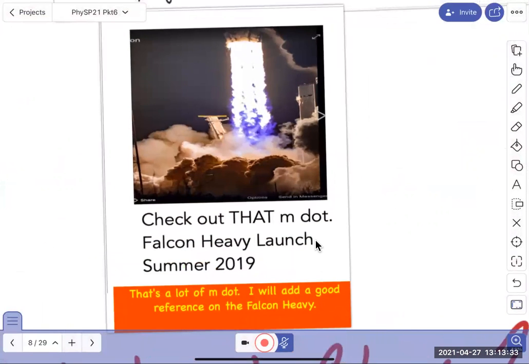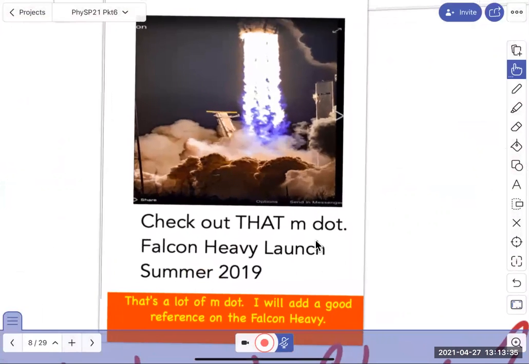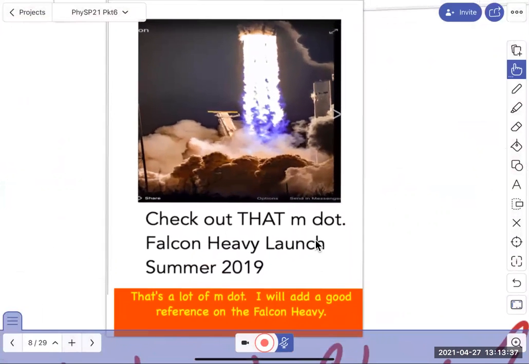I ran across this picture, and we do talk about force of thrust. In force of thrust, you have m dot VE, right? M dot is how much mass is coming out the back per second, so kilograms per second. I don't know what this is, this is the Falcon Heavy. This is not last summer, but the summer before last, when it lifted off. And then the VE is how fast that's coming out.